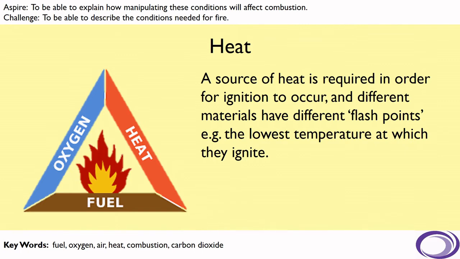And different materials will have different flash points, and the flash point is the lowest temperature at which they will ignite. So heat starts the fire burning, and we know this because we can see times where fuels self-ignite due to their temperature increasing above that flash point.